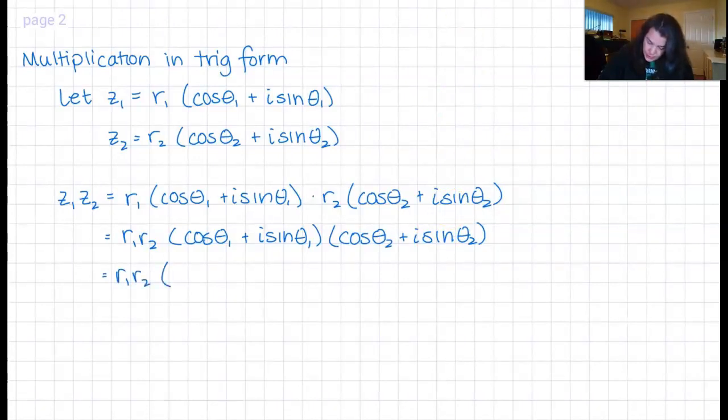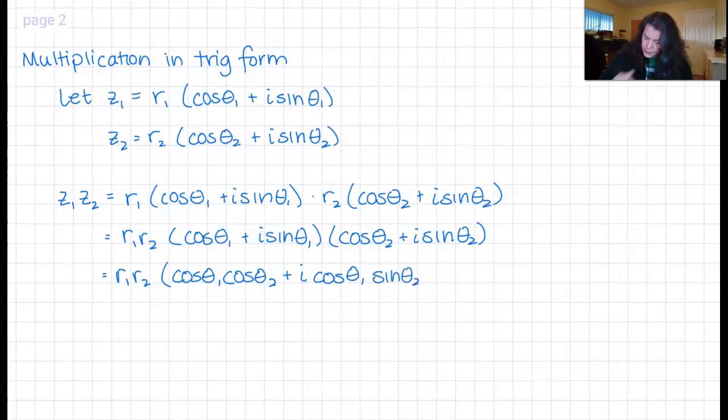So I'm going to do cosine theta 1 times cosine theta 2 plus i cosine theta 1 times sine theta 2. And then I multiply the i sine theta 1 by both terms. So i sine theta 1 cosine theta 2. And then in this last part, I'm going to have the i squared, which is -1. So it's going to turn into minus sine theta 1 sine theta 2.